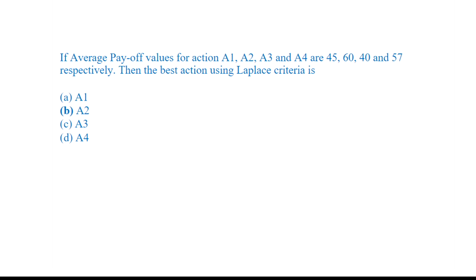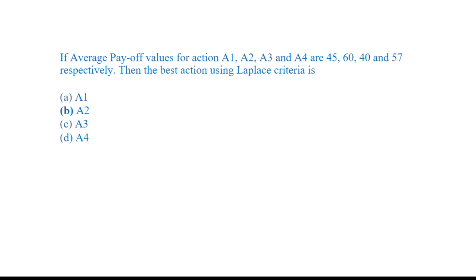So in Laplace criterion, just to remind you all, we take the average of all the values of the states of nature for a particular act. So for every act, I'm going to find out the average value for all the states of nature. Once the average values have been identified, then we look for the maximum value of the averages.